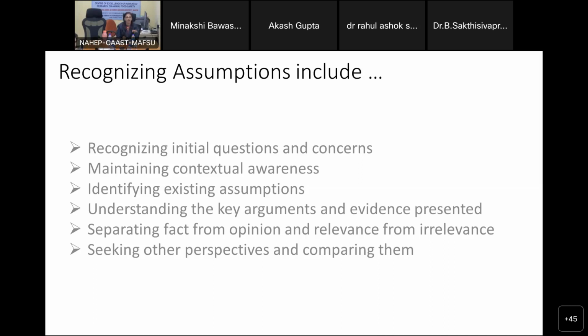Identify existing assumptions. There would be existing assumptions, okay, this is possible, this is possible. You need to identify those assumptions and then try to build your argument based on them, like we did about whether the young adult should go to college or not.